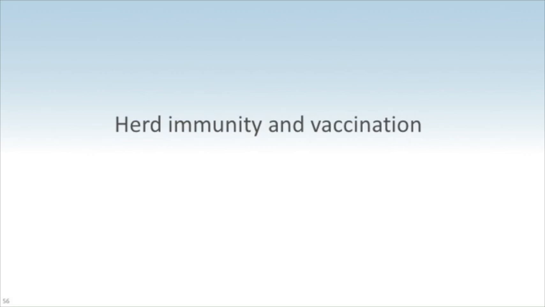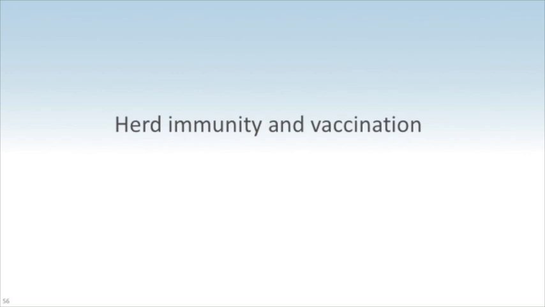And as a result, it will become more difficult for an infected person to infect many others, and eventually they will not be able to infect anyone else before they have recovered themselves. So, in this circumstance, the epidemic will die out, even though there are still some susceptible individuals left in the population. This is the state of herd immunity.